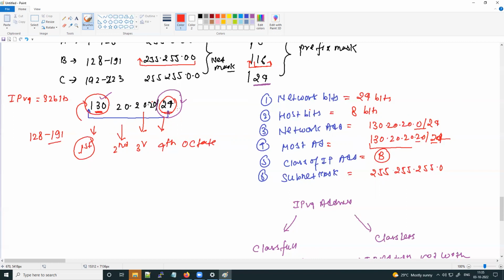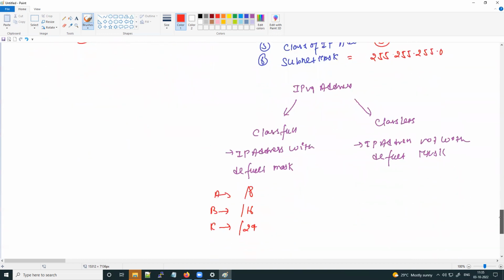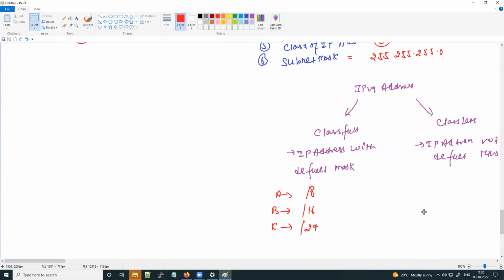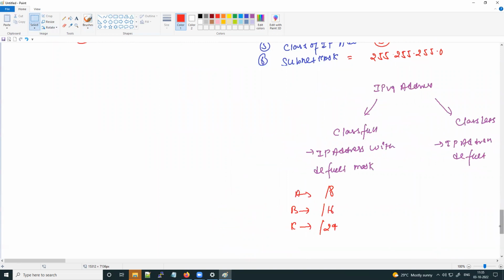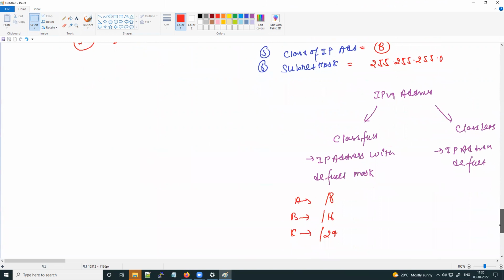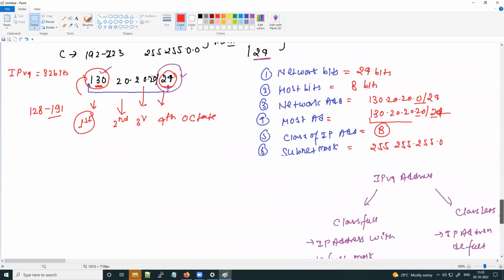Class full IP address has the default mask, classless IP address does not. In such a case, this IP address has a different notation, a different term that we use to call it.